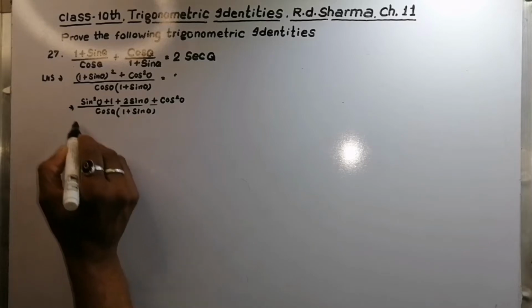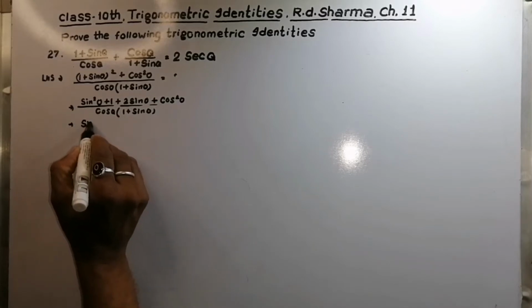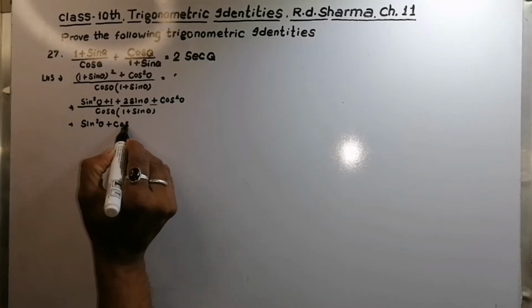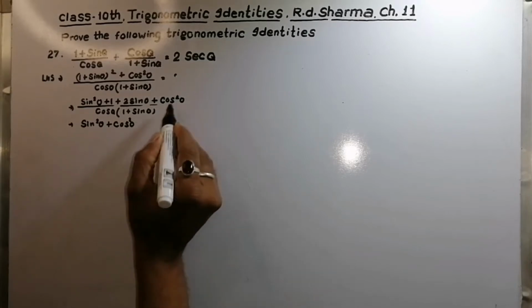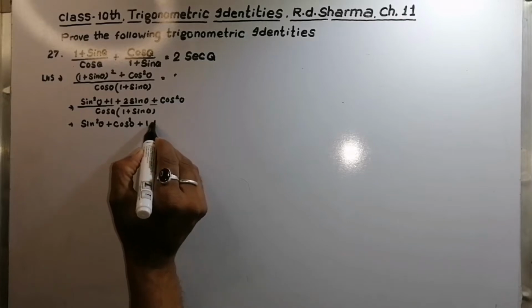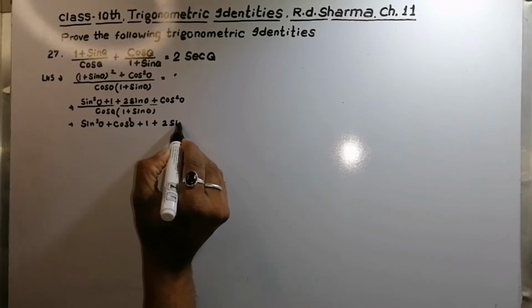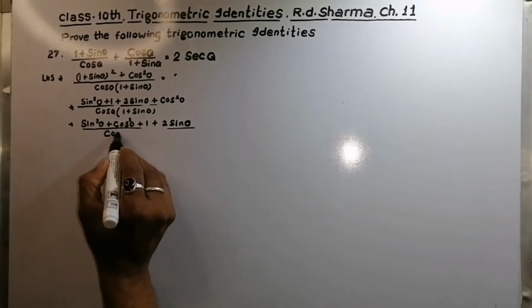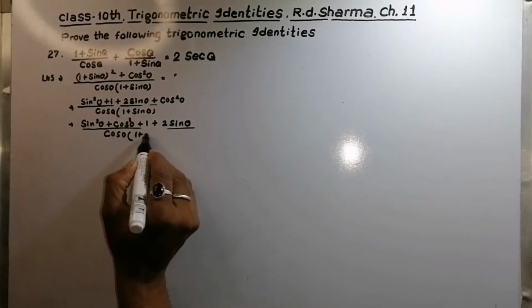We can arrange it like sin square theta plus cos square theta plus 1 plus 2 sin theta upon cos theta and 1 plus sin theta.